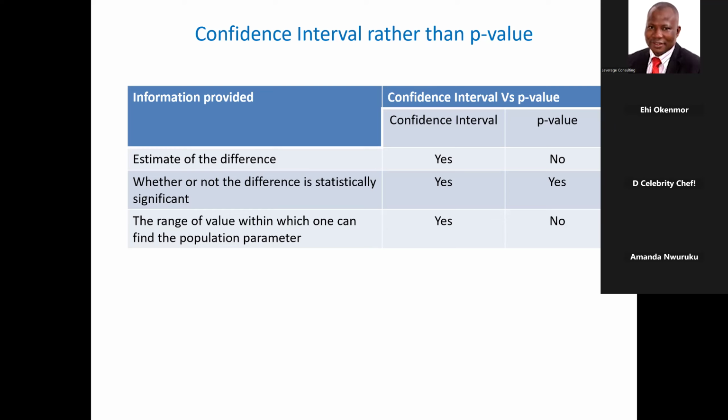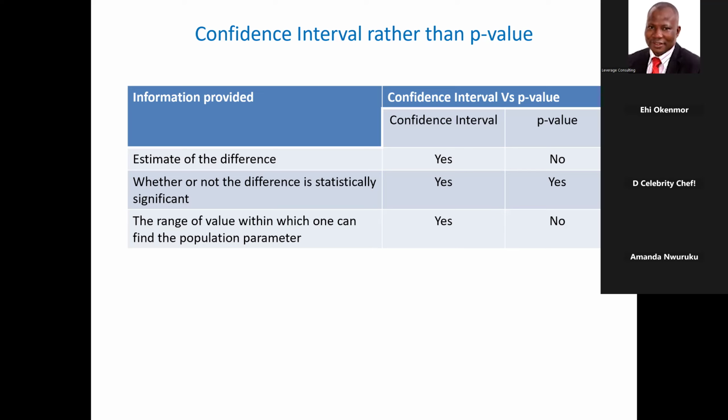So the p-value only tells you whether or not it's significant, whether you reject the null hypothesis or not. That decision of when to reject the null hypothesis, that is what the p-value tells you. But the confidence interval tells you the same thing.